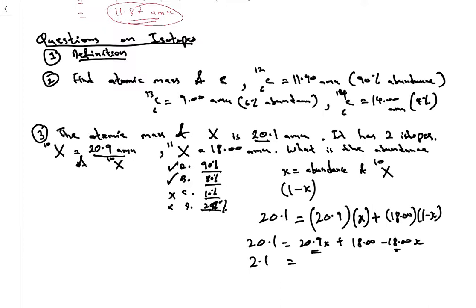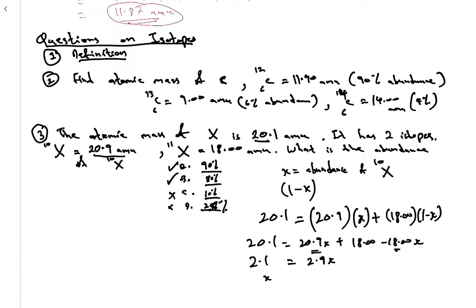The 20.9 subtracted by 18. Sorry, I didn't do it right on my calculator. So 20.9 subtracting 18 from it, you get 2.9X.